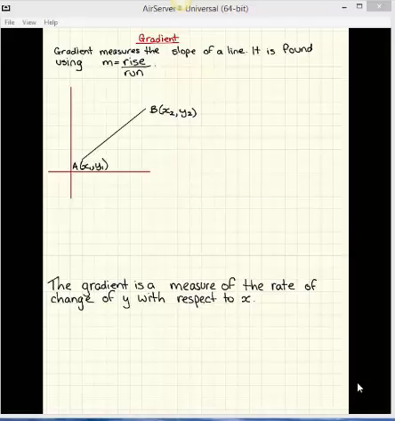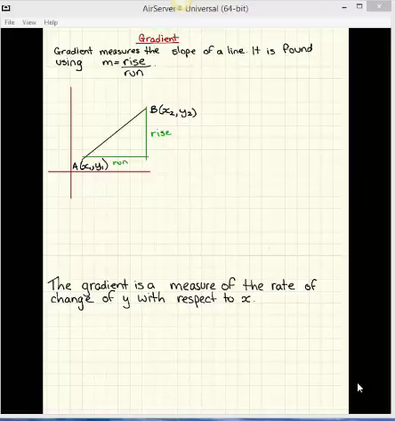And we want to know what is the gradient of the interval between A and B. When we're talking about rise, we're talking about vertical rise, so we need the line that comes straight down from B. Then when we talk about the run, we are talking about horizontal run, so straight across from A. So this here is your rise, and over here is your run.